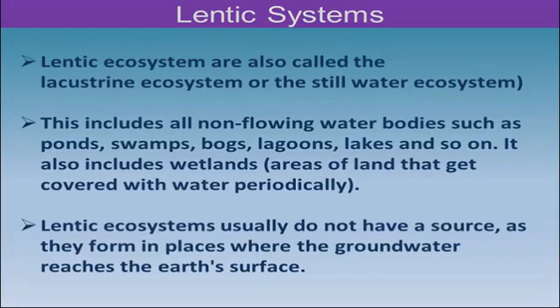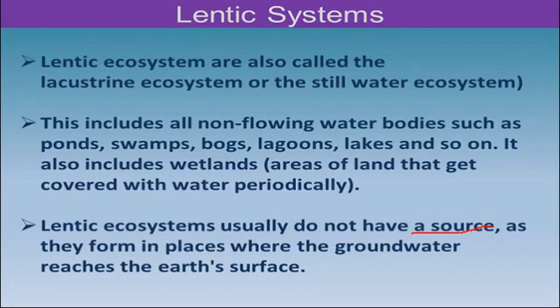These lentic systems usually do not have a source of water. Source of water means they don't have any particular source from where the water flows and fills these lentic ecosystems. Their main source of water is either groundwater or rainwater.